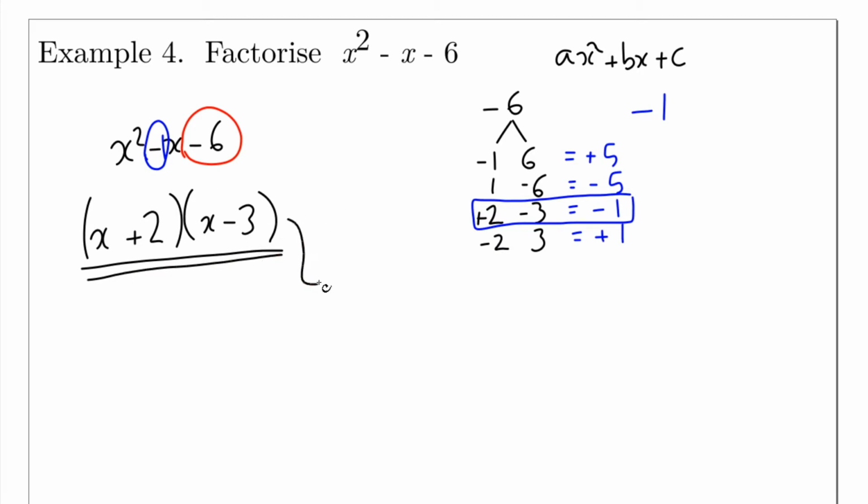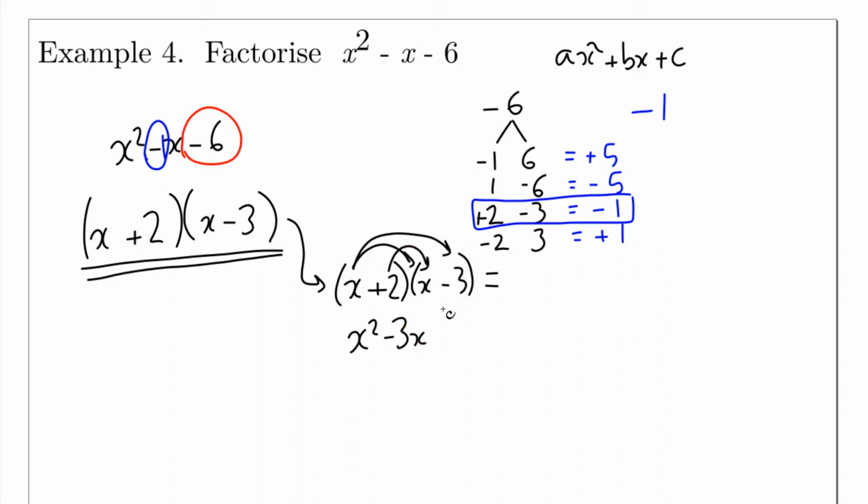And of course we can check the answer by expanding it. Expanding is the opposite of factorizing, so if we expand this we should end up with x squared minus x minus 6. So x times x is x squared, x times minus 3 is minus 3x, plus 2 multiplied by x is plus 2x, 2 multiplied by minus 3 is minus 6.